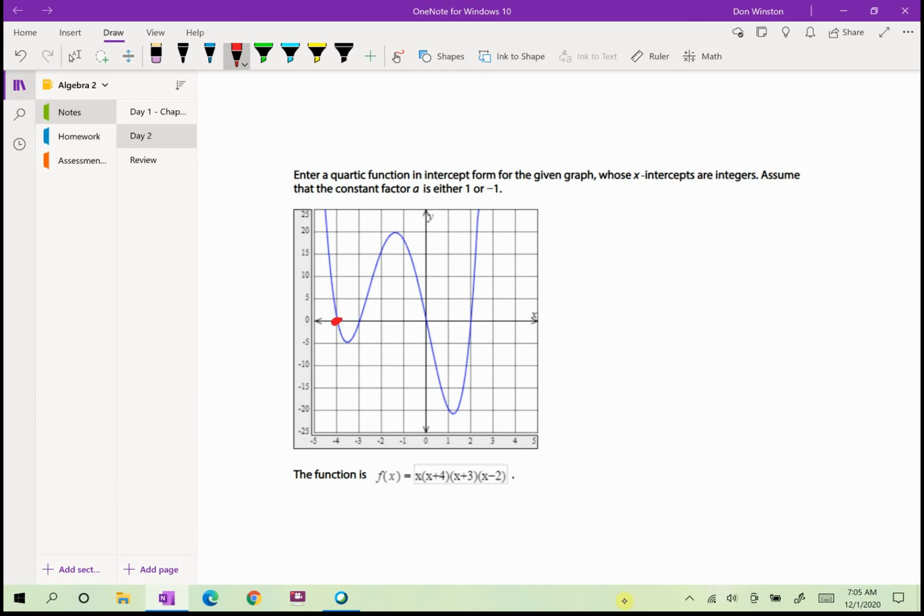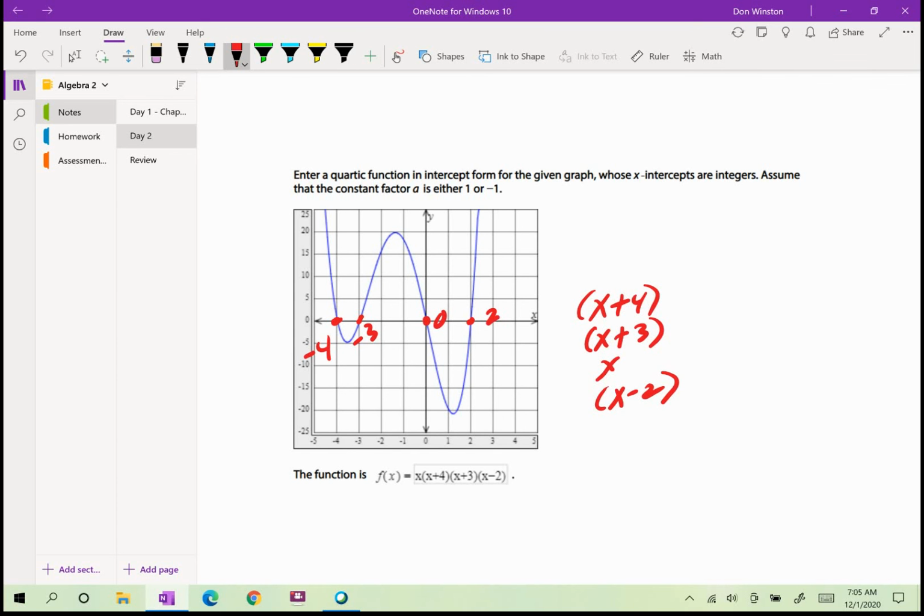So my zero here is -4, and this is -3. And this zero is 0, and this zero is 2. So my factors would be x plus 4, and then x plus 3, and then x minus 2.